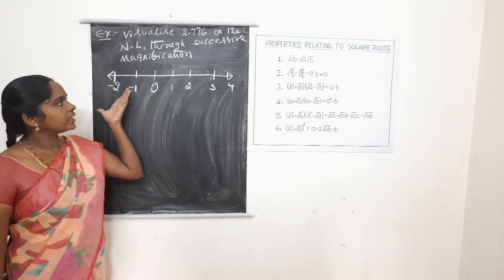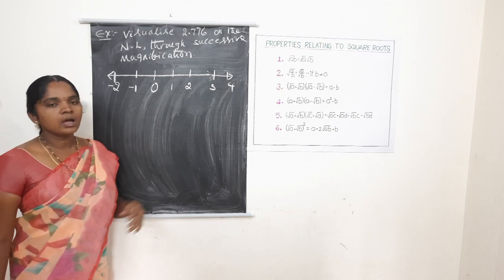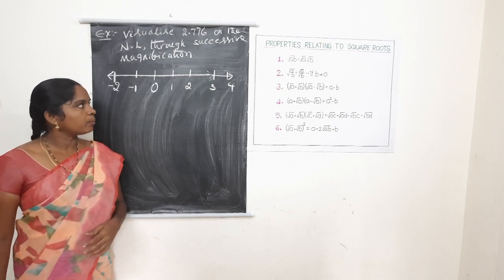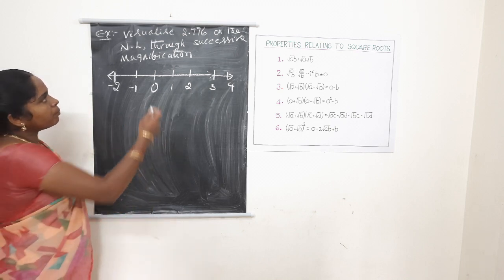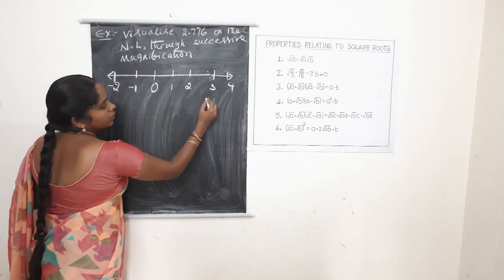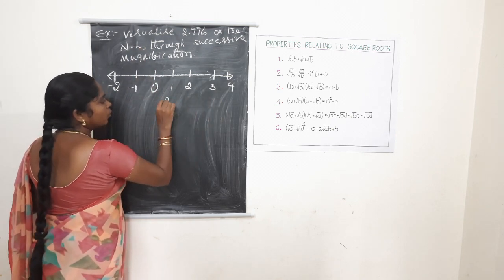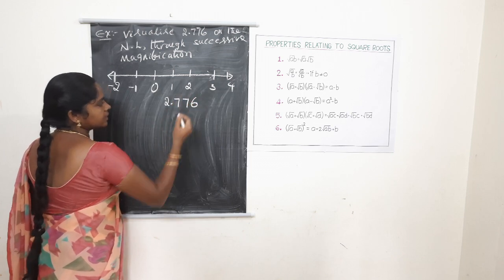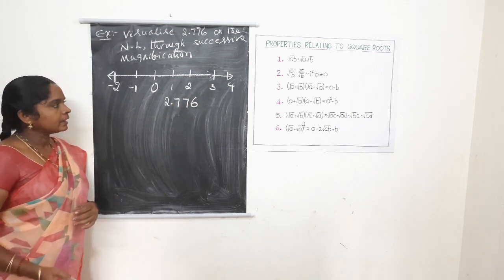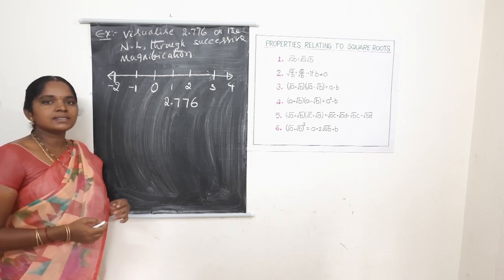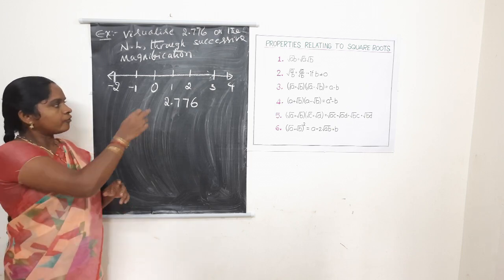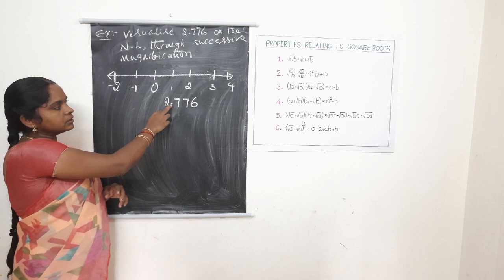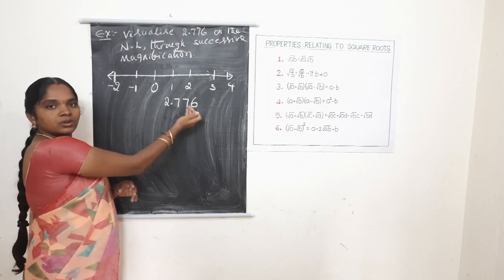First let us draw a number line and locate the points on the number line. Given number 2.776. After 2 point, there is something.